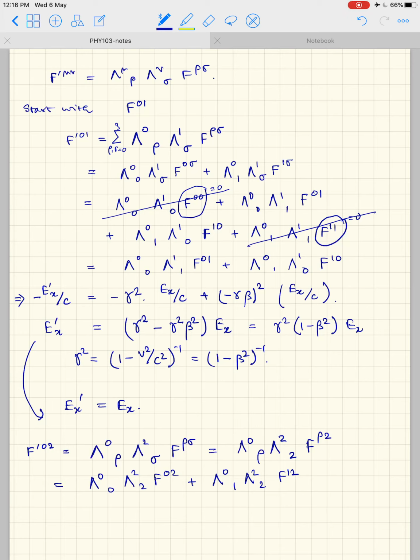So let's put the indices in, let's put the values in.